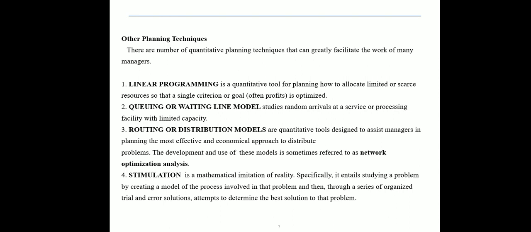There are a number of quantitative planning techniques that can greatly facilitate the work of many managers. First we have linear programming, a quantitative tool for planning how to allocate limited or scarce resources so that a single criterion or goal, often profit, is optimized.